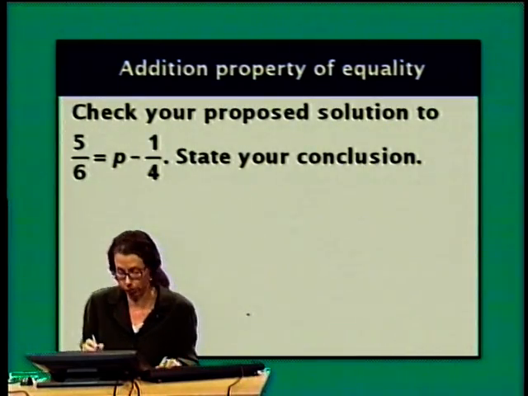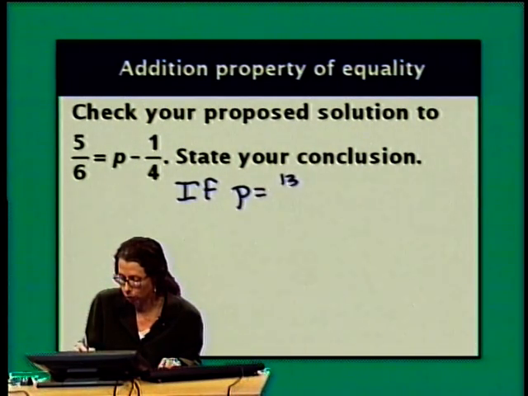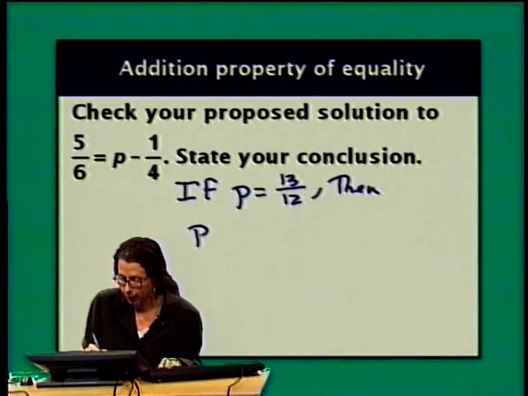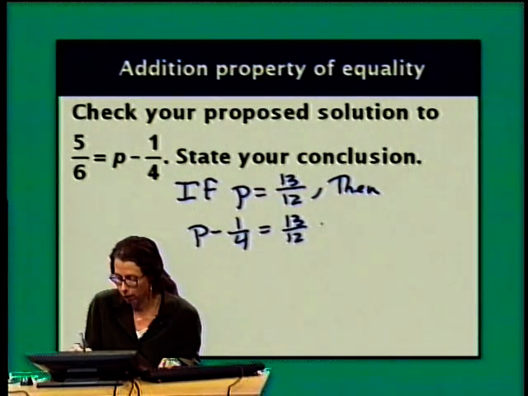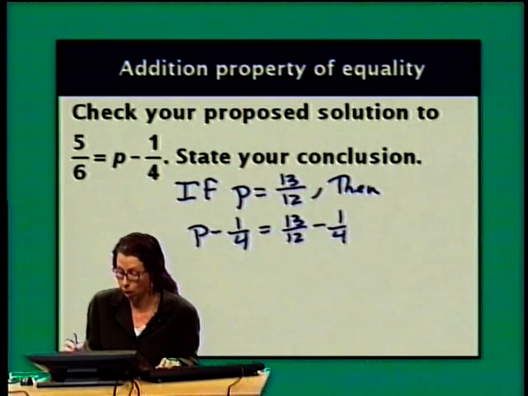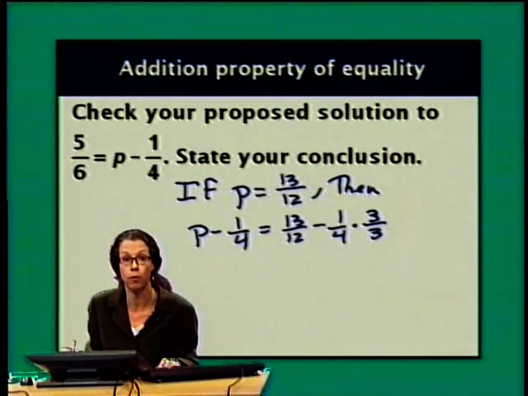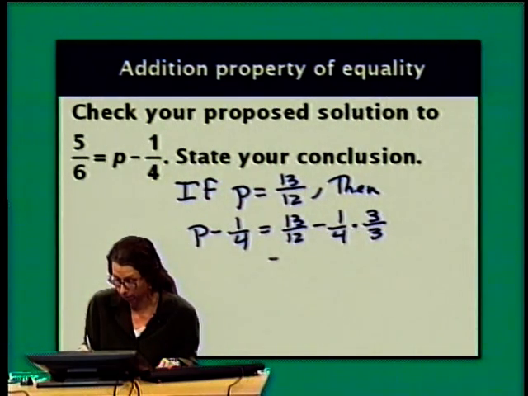So let me check this. If p equals 13/12, then p minus 1/4 equals 13/12 minus 1/4. I can see that I'm going to need a common denominator, so I'm going to multiply 1/4 by 1 in the form of 3/3 at this stage of the game.